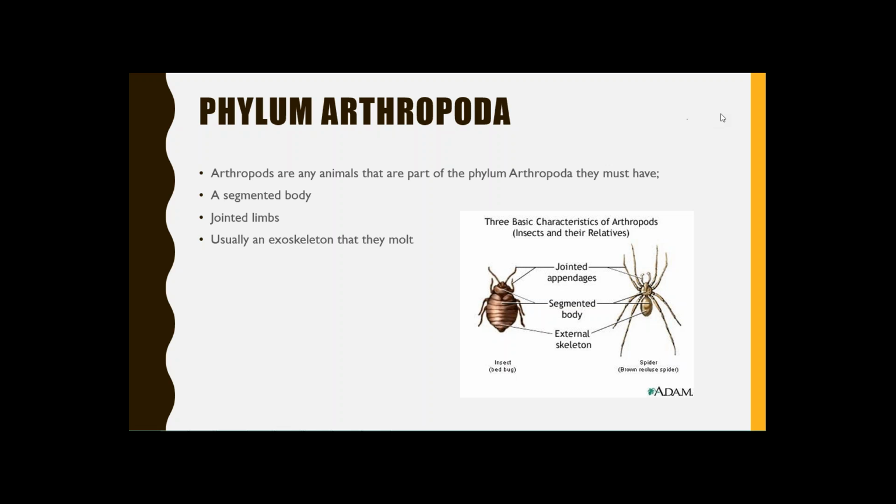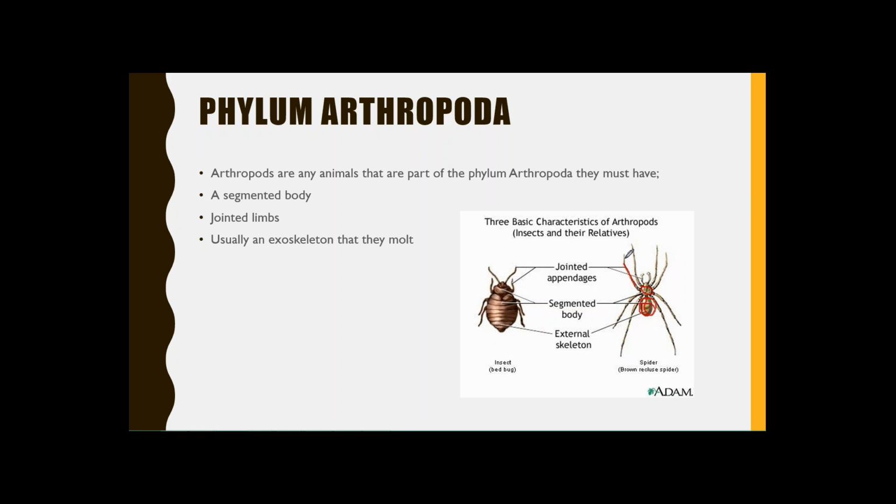So if you look at something like an ant or a spider, you're going to be able to see it has these different segments. It's not going to be like any other animal, like a worm or a cat. It's going to have these very clear segments in its body, and it's also going to have jointed limbs.